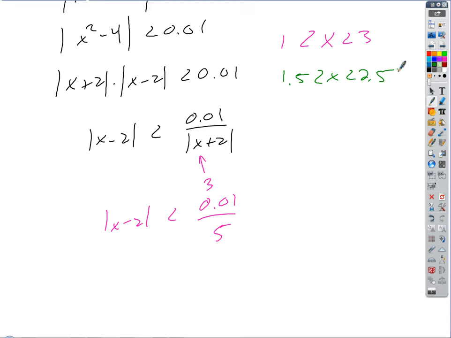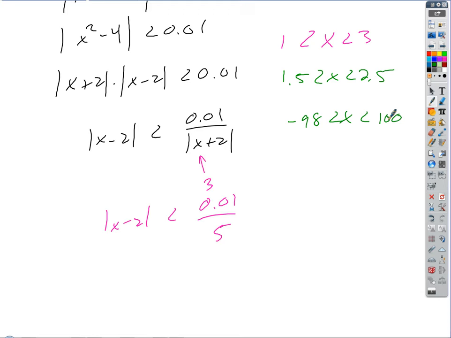Does that make sense? What if we picked from negative 98 to positive 100? If I put in a value of 100, that's gonna make this delta even smaller, right?